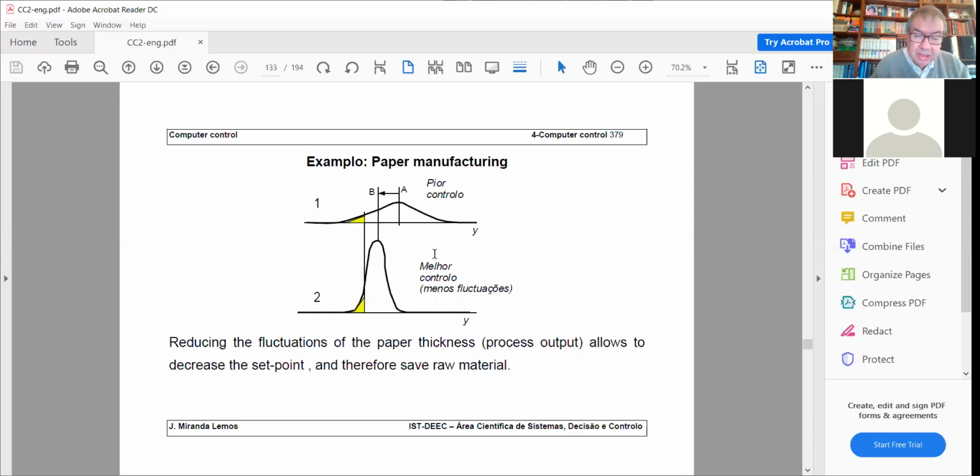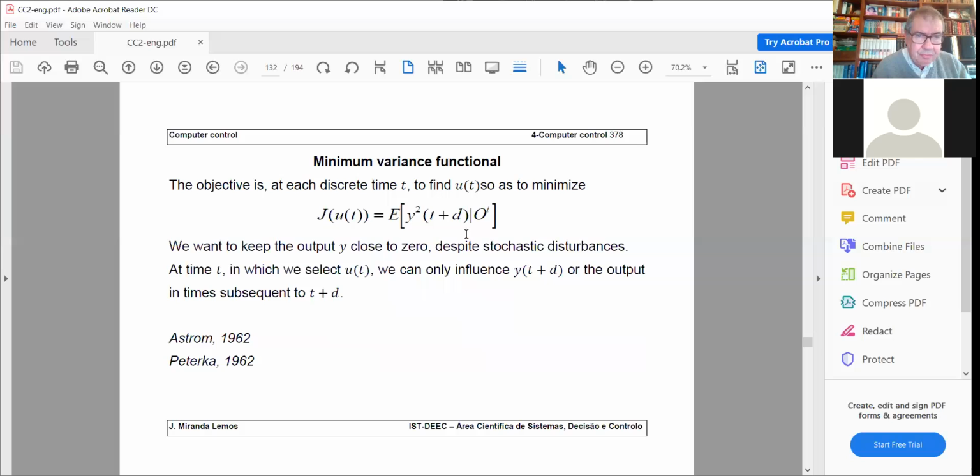Even if you are producing plastic parts that must be put together, you have very tight specifications. So quality is associated with producing always the same thing, as close as possible to the reference that you can. Okay, this is achieved by control. So minimizing the minimum variance functional, in this case, has a very tight relationship with the quality of production, and the money that you produce out of your factory.